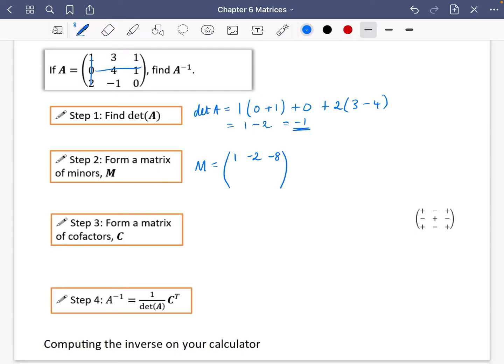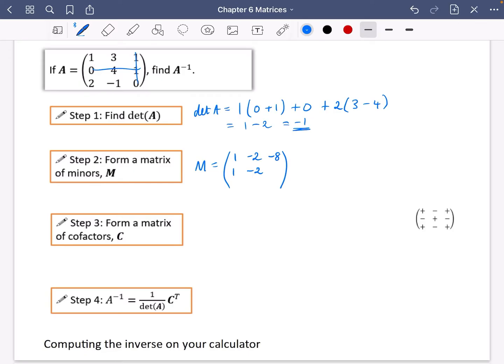Then I'm going to do the 0, 1, so that's going to be 3 times 0, which is 0, minus 1. So 0 minus 1 is 1. Now I'm going to do the minor of the 4, so you get the 1 times 0, which is 0, and the 2 minus the 2 times 1, which is minus 2. Now I shall do this element over here. So that's 1 times minus 1, that's minus 1.